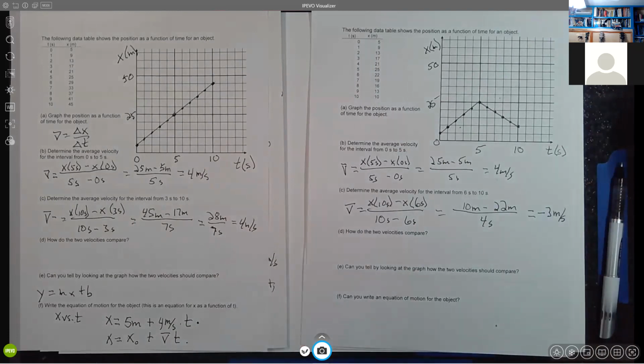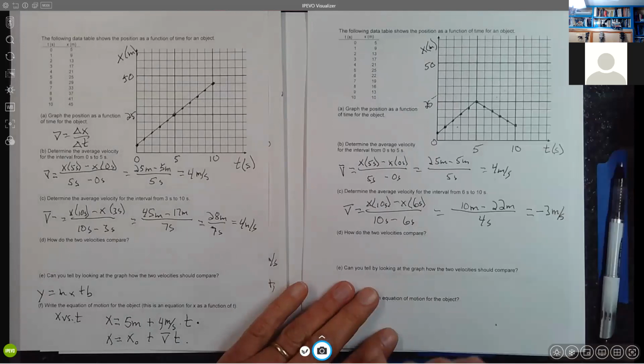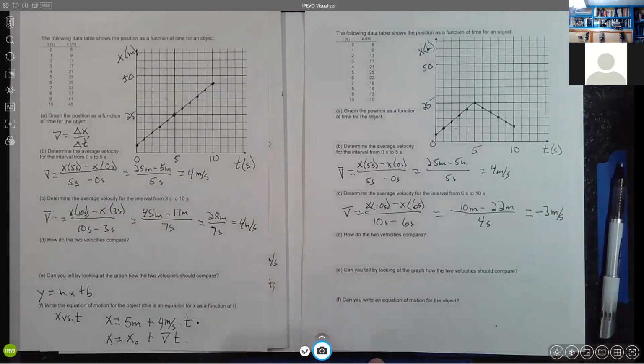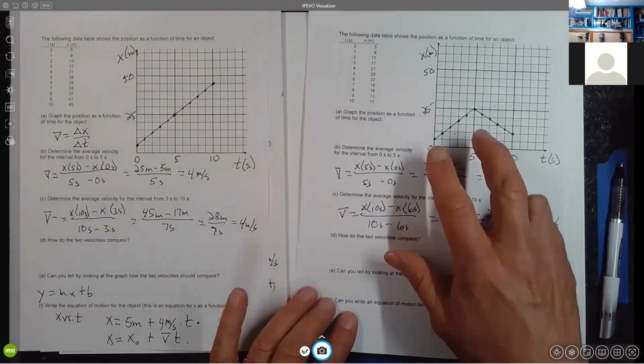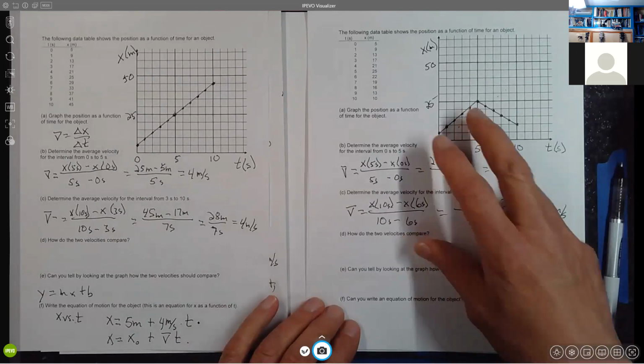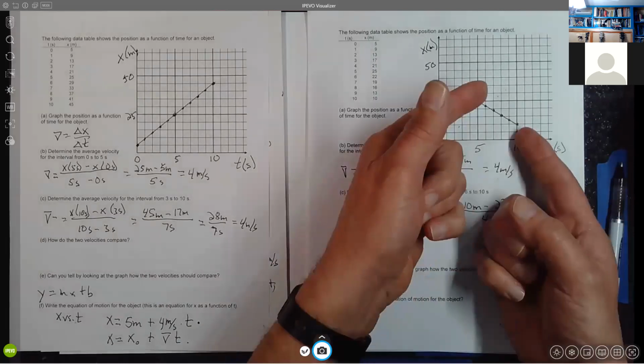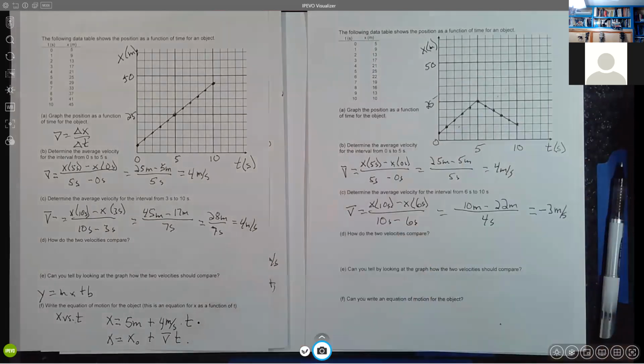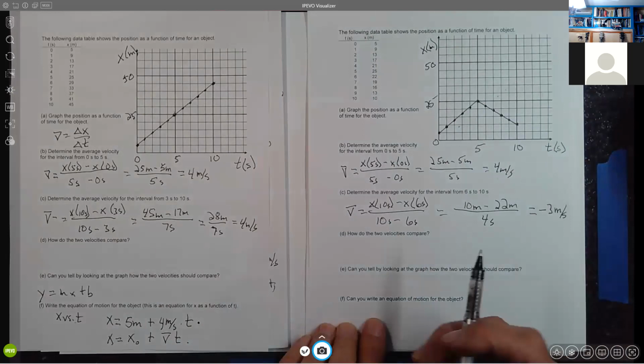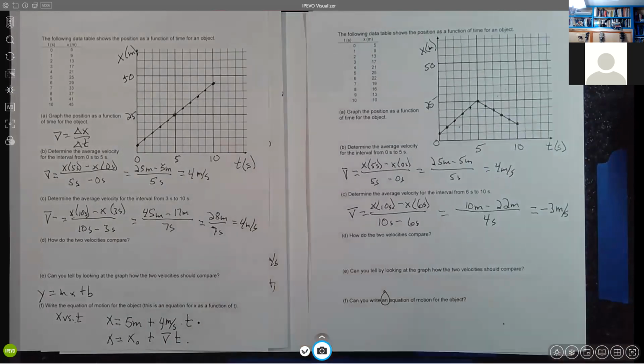Can I write an equation of motion for the object? No, I can't, because it has two different average velocities depending on what I'm talking about. Now I can write two equations of motion for it. One that works for 0 to 5 seconds and one that works for 5 seconds to 10 seconds, but I can't write just one equation.